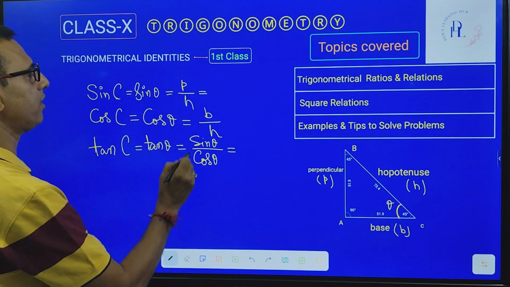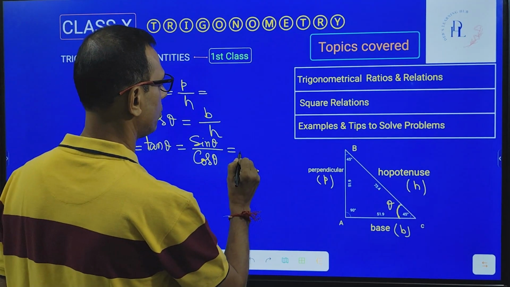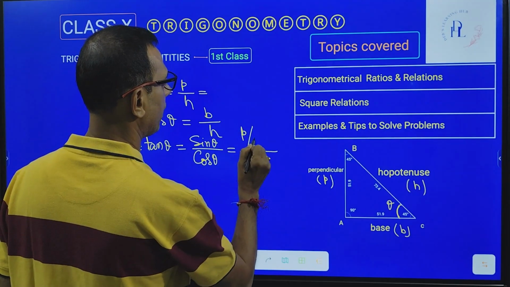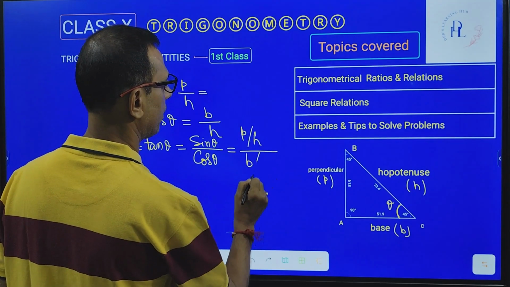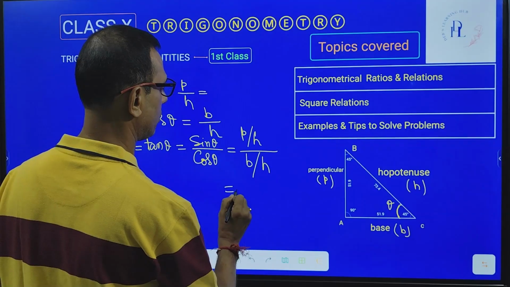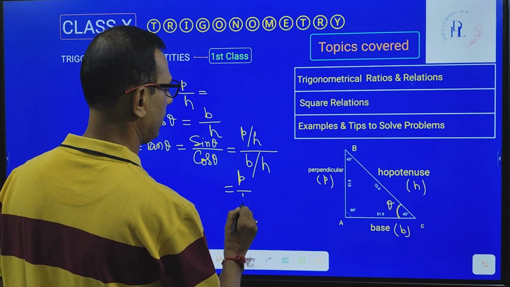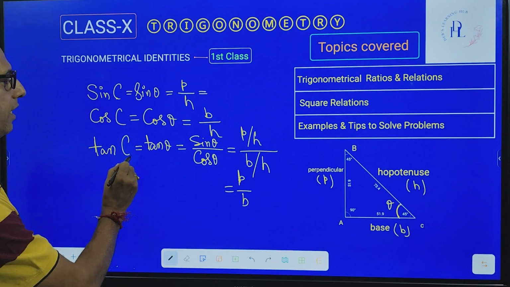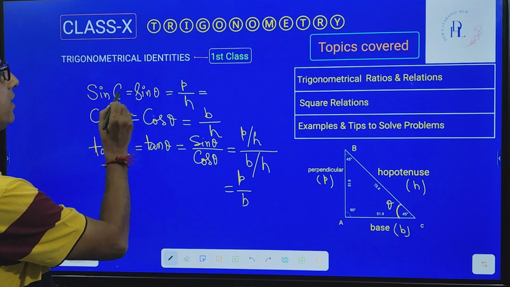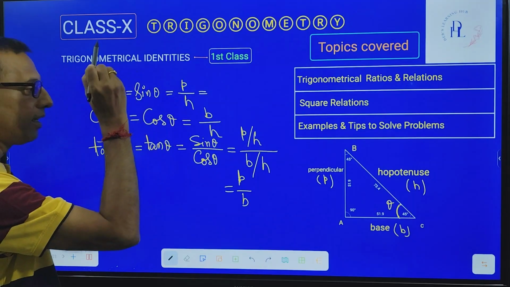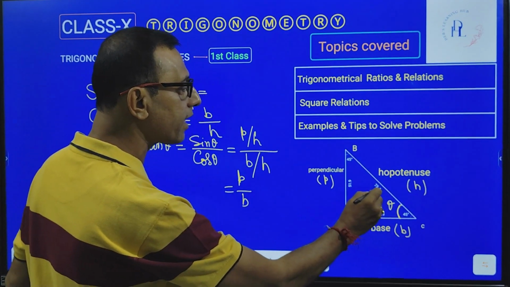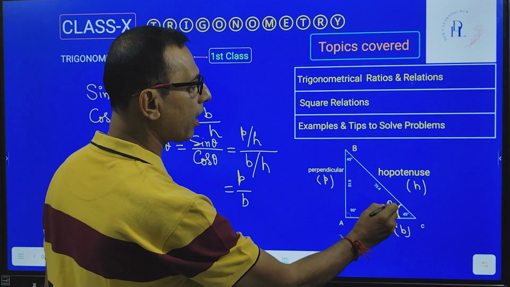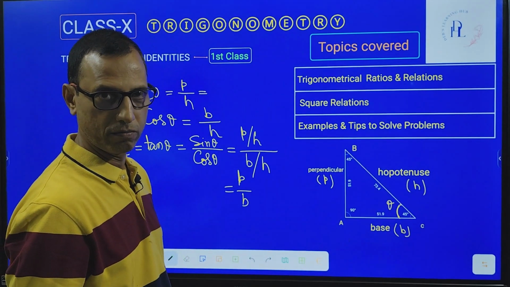Sin theta is P by H, cos theta is B by H. So it is P by H, and then the denominator is B by H, that equals P by B, that means perpendicular by base. So tan C equals perpendicular by base. And what is this angle theta? Theta is the angle between hypotenuse and base.